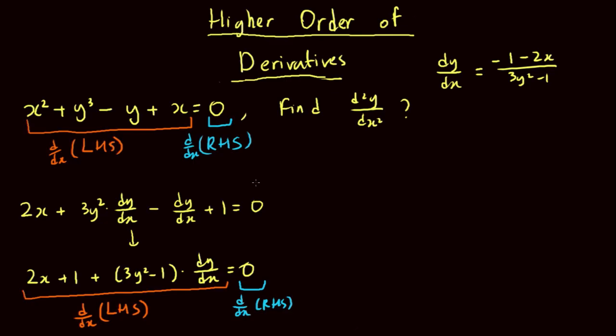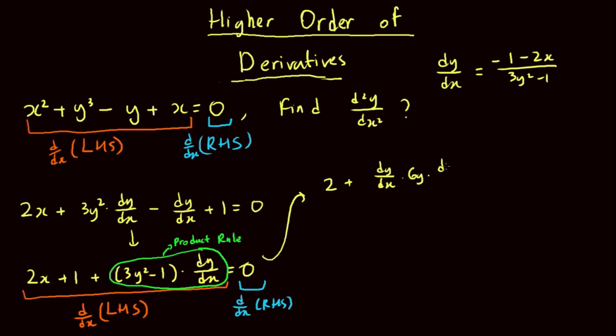As we differentiate it, what happens is we're going to get 2. Of course 1 will be out of the equation, and this part right here will undergo the product rule. So we differentiate using the product rule. Therefore we'd have here dy over dx times 3y squared will become 6y in this case.